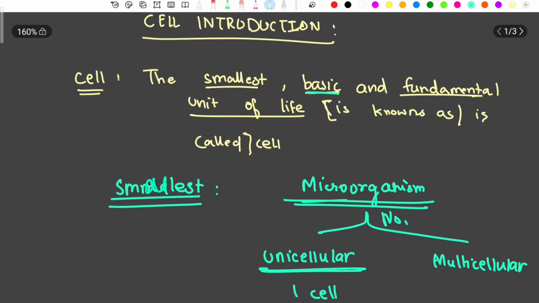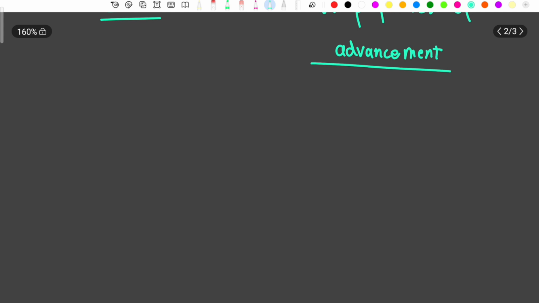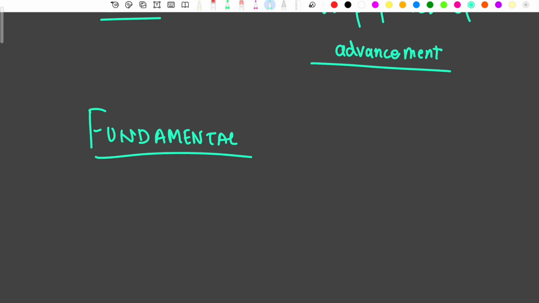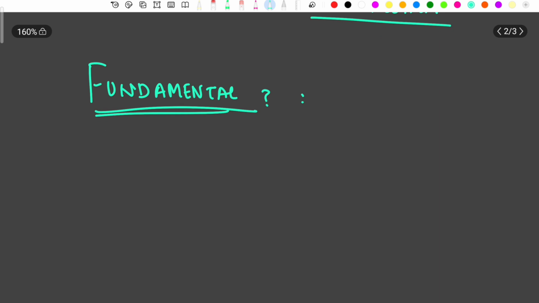Now, what is the fundamental unit of life? The cell is the fundamental unit of life, the most important thing about the introduction of the cell. Why fundamental? Because it performs all the processes.